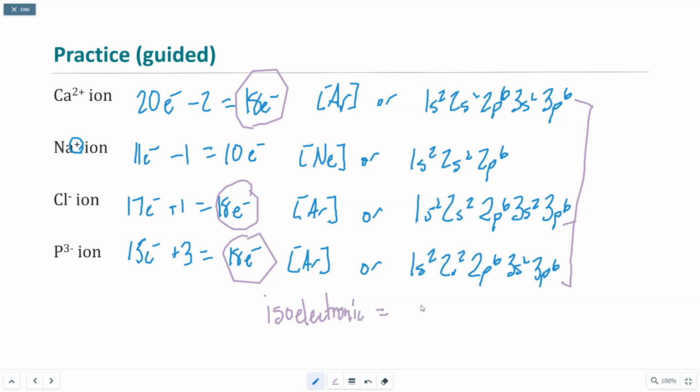Basically what it means is they are different elemental species with the same number of electrons in them. When we go into periodic trends, there will be one trend that is related specifically to these kinds of isoelectronic series. But more on that in the next lecture.